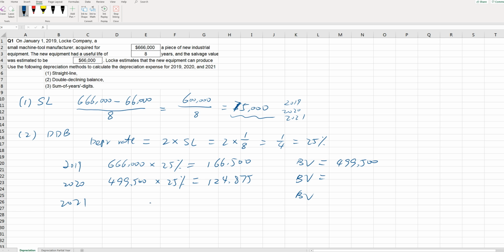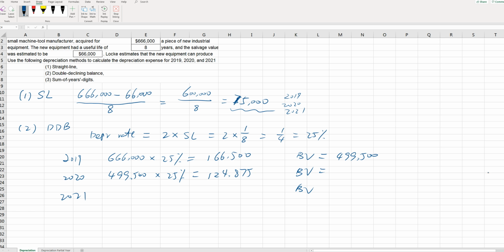Finally, we have the sum of the year digit method. In 2019, we start with the depreciable base and multiply that by the rate. The numerator is the remaining years of useful life at the beginning of the year, so in the first year the remaining useful life is 8 years.